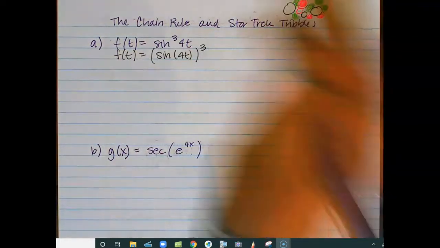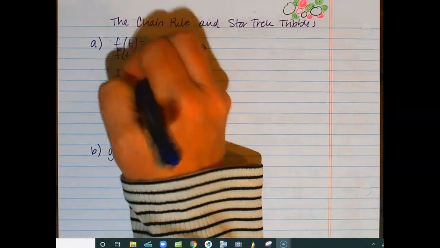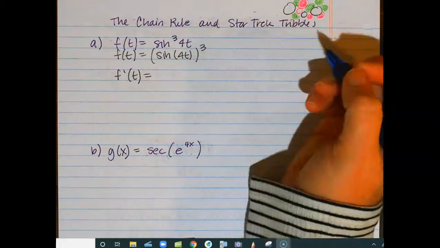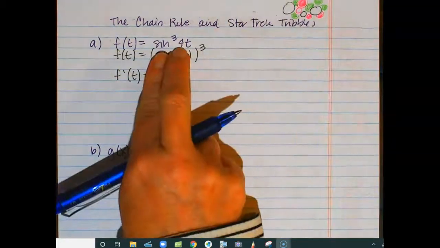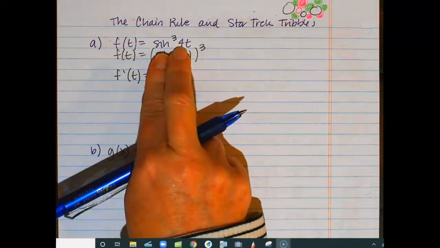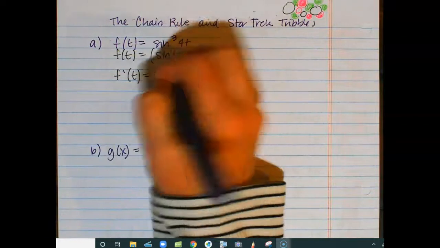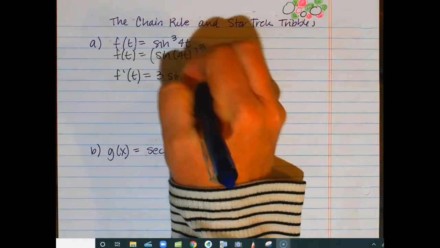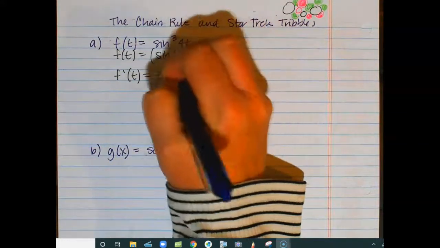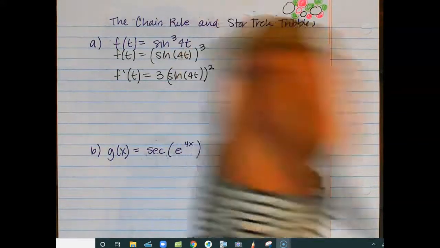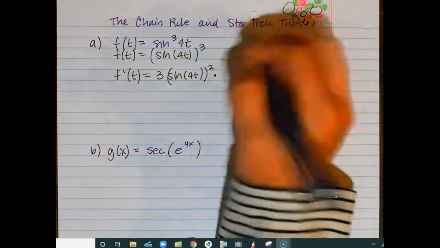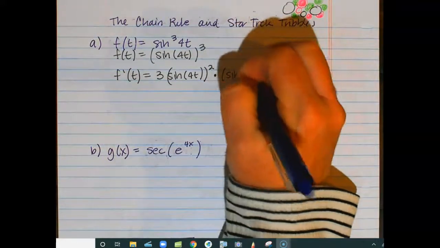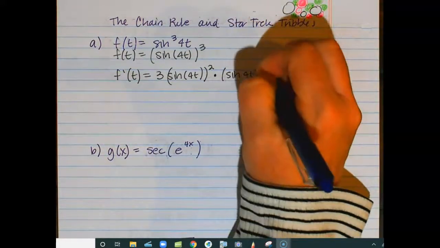So here we go. F prime of t equals, I'm going to take the derivative of something cubed first. So I'm going to say 3 times the baby to the second power. 3 sine of 4t to the second power times sine of 4t prime.